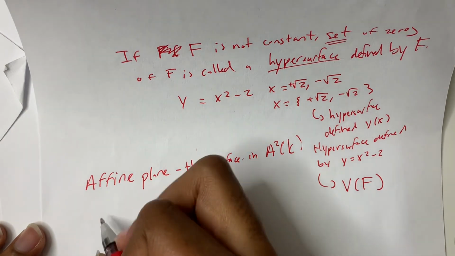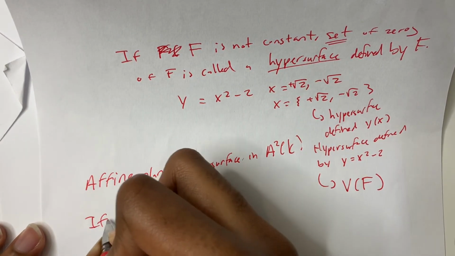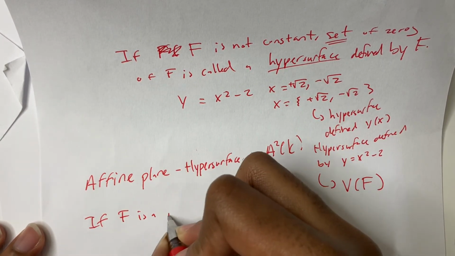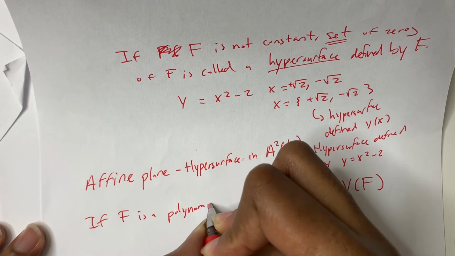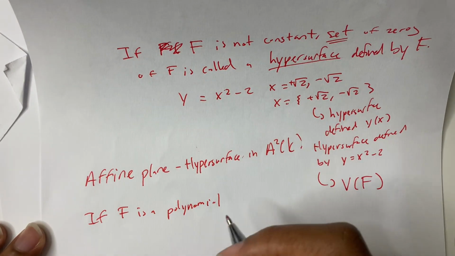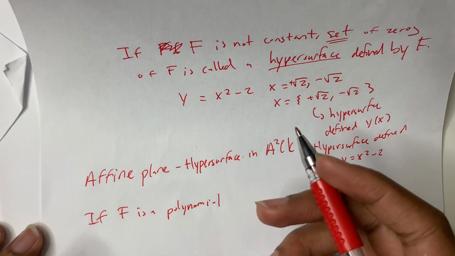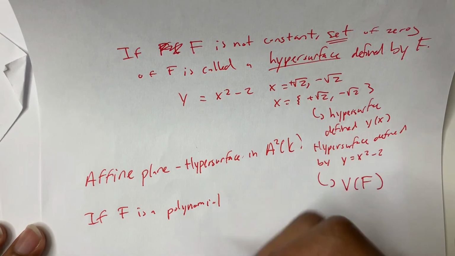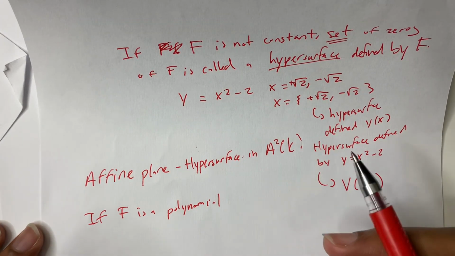Okay? Now, F has to be a polynomial, if I didn't say that before. F usually will be a polynomial, since we say the zeros of polynomials.